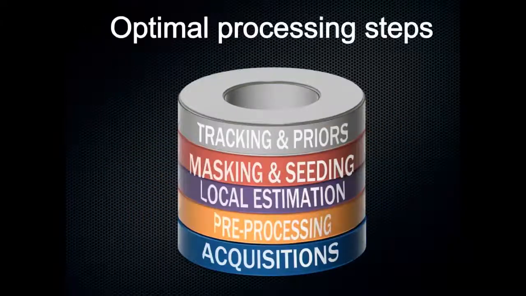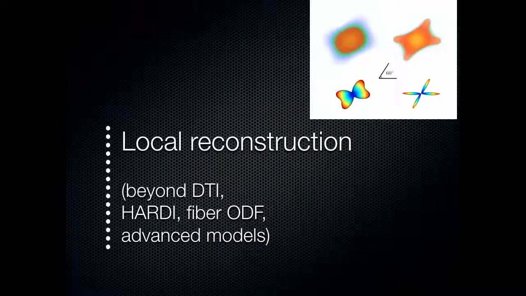So if you want to have a good tracking, you need an optimal processing pipeline. So even though I'm not covering these parts today, keep that in mind because it's crucial. A good tracking algorithm with bad data will produce bad tractography.